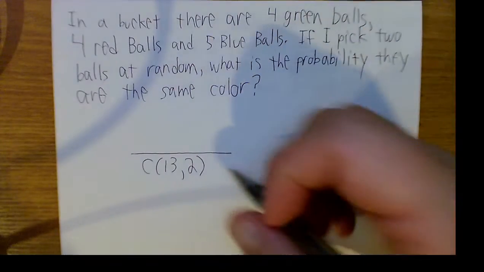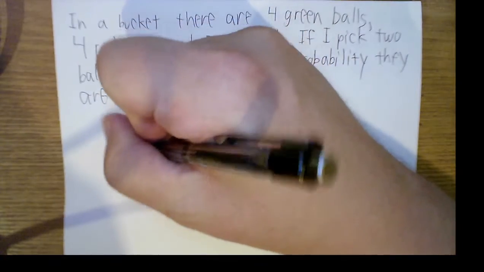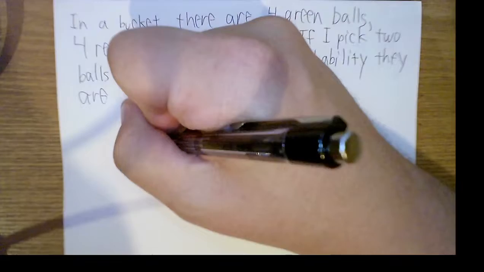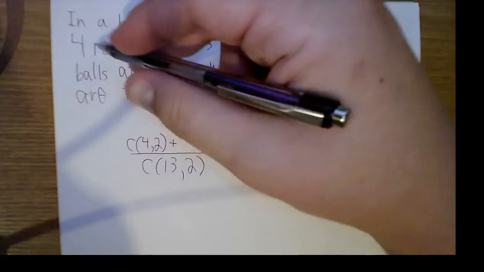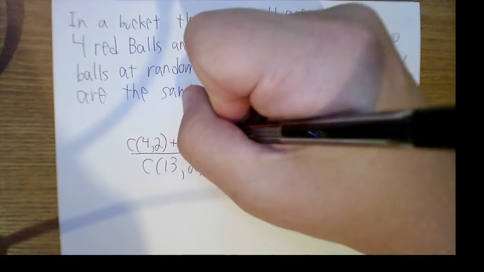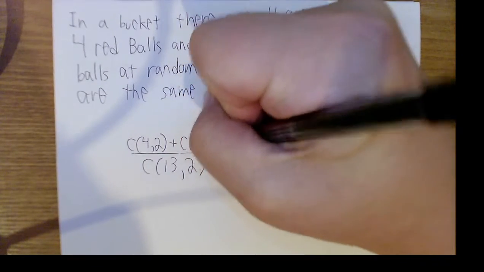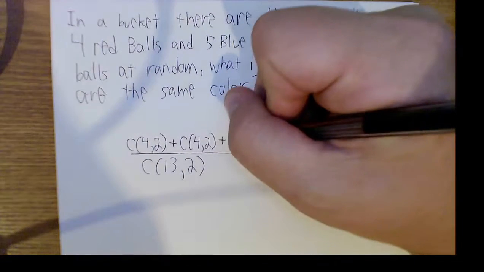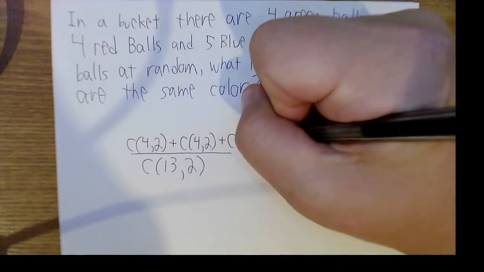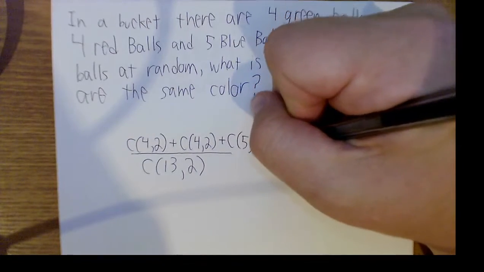So how many different ways can I select 2 green balls? Well, I can have a combination of 4, choose 2. Plus, I can have 2 red balls, right? Which is a combination of 4, choose 2 also. Or I can have 2 blue balls, right? And there are 5 blue balls to choose from, so there are how many different ways?